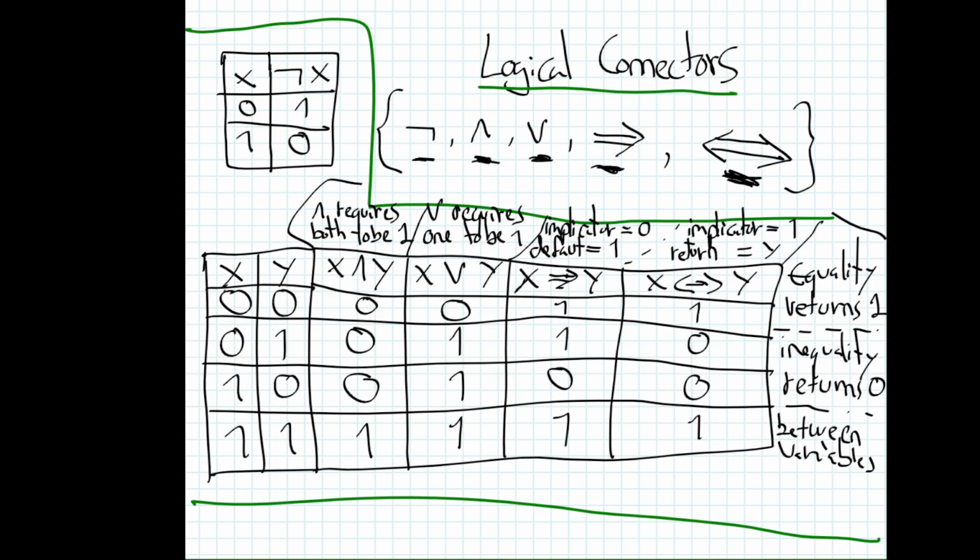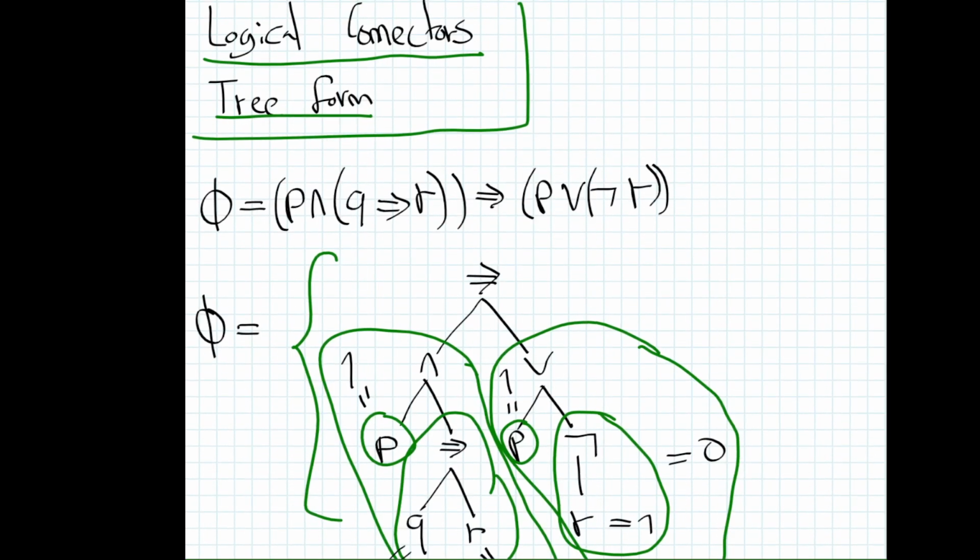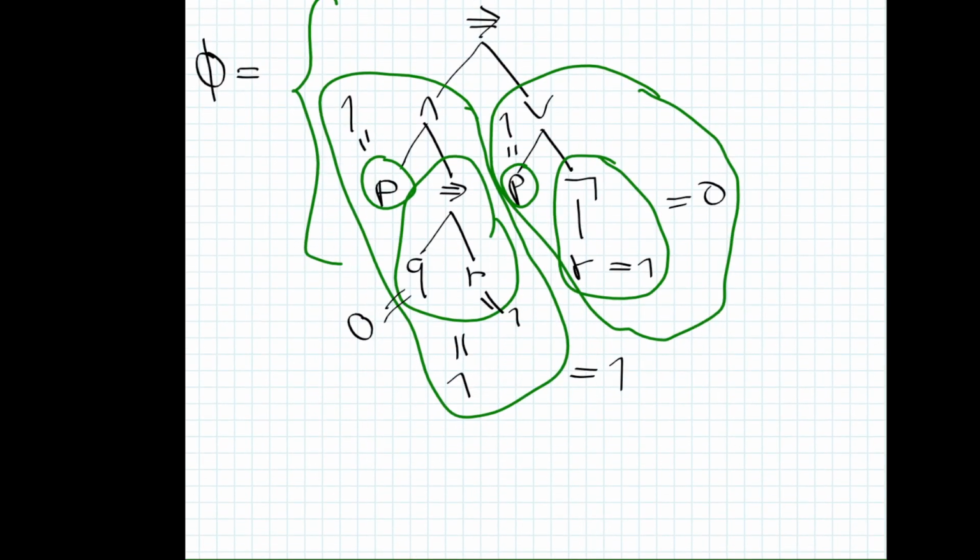Why? Because it's an OR, so it only evaluates to 0 if neither group is true or positive or 1. Since 1 conforms to the requirement of the disjunction, which is that either one of them has to be 1 in order to result in true or 1, the result will be 1.